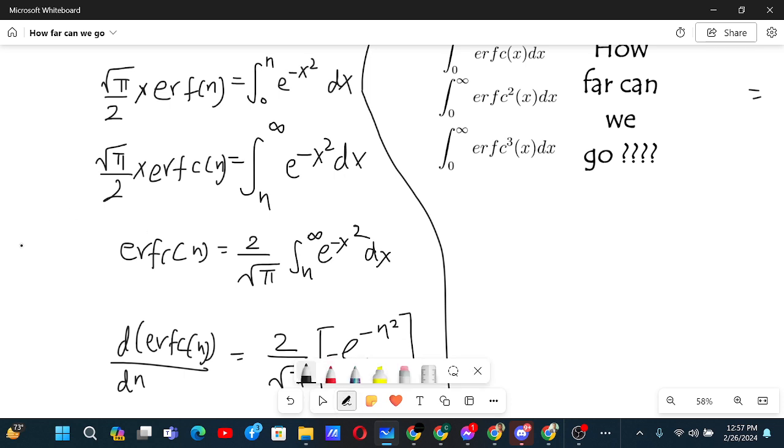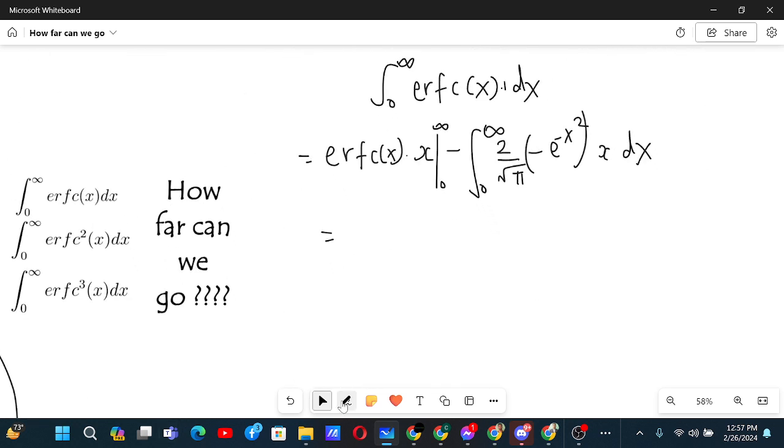So you need to know these two values: erfc of infinity is 0 and erfc of 0 is 1. So we have 0 times infinity, and then you need to use limits. If you use limits and then L'Hopital, you will notice that this is in fact 0.